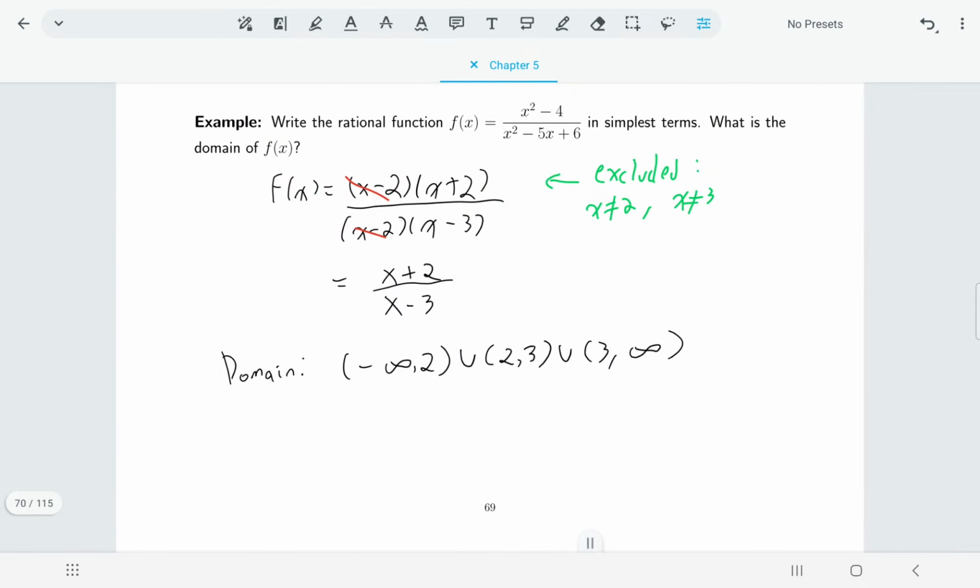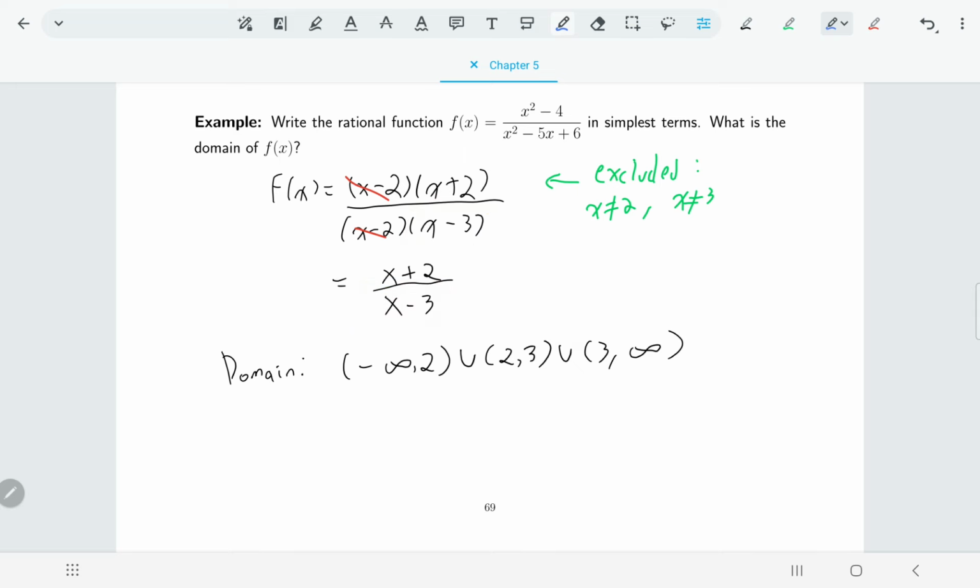There was 2 and there was 3. One of those factors we were able to get rid of completely. We were able to get rid of the x minus 2, so that the factor that gave us the excluded value was gone, versus the x minus 3. That factor gave us the excluded value, and that factor remains there once the rational function is in simplest terms.